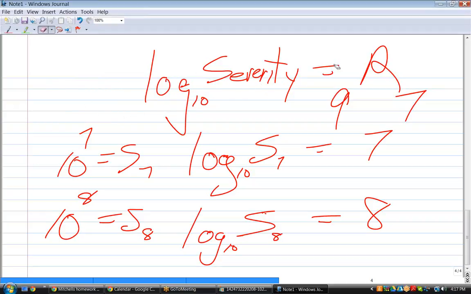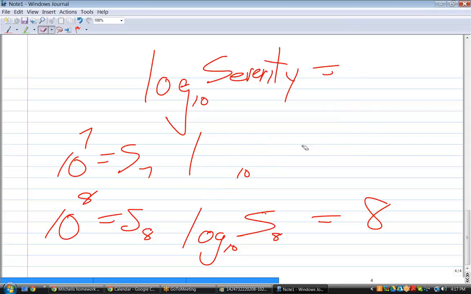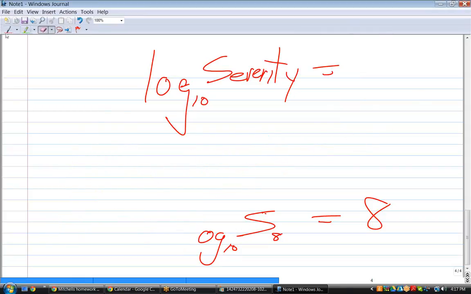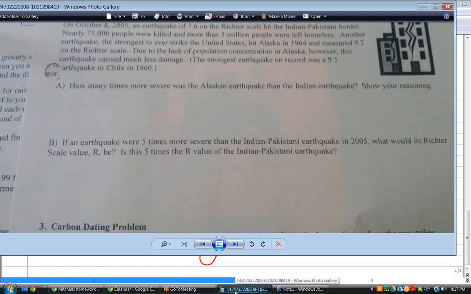And of course, replacing these with decimals instead of whole numbers, like the 7.6, that just means 10 to the 7.6th power is the severity of that earthquake. And you cannot measure the severity by the number of people that were killed or homeless or any of that. The measurement of the severity is merely the amount of energy that's released.